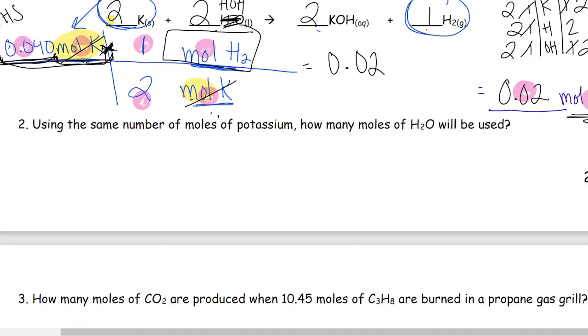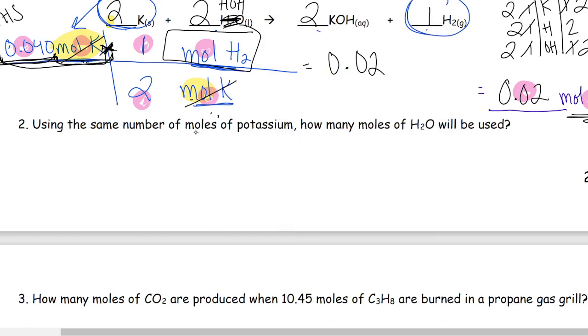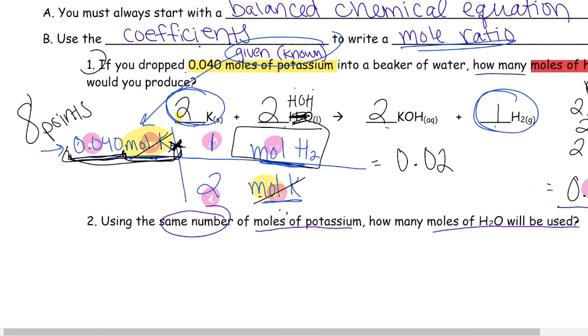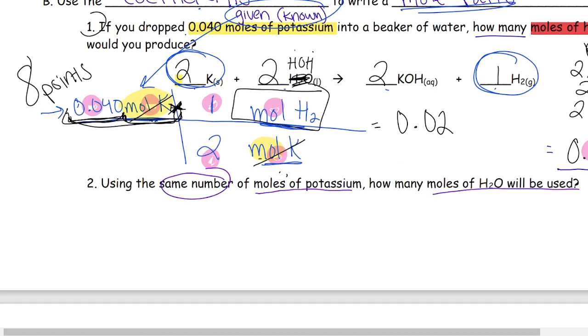So question 2, if I set this up, it says, using the same number of moles of potassium, how many moles of H2O will be used? If it says same number of moles of potassium, that means that I'm looking at my previous question. I started with 0.040 moles of potassium, so I'm going to plug that in. 0.040 moles of potassium.